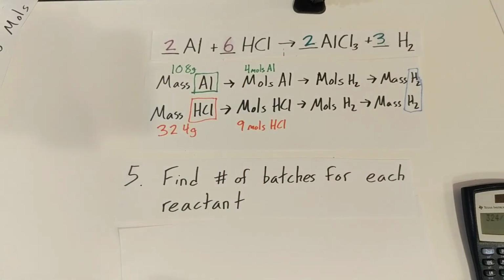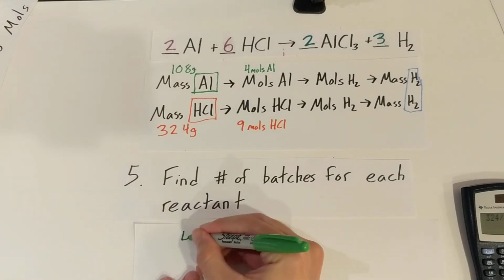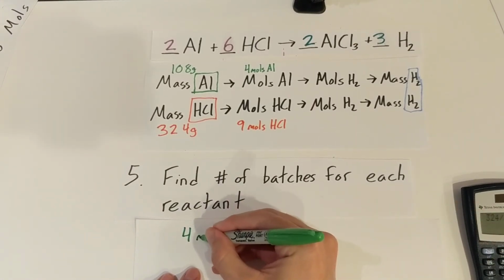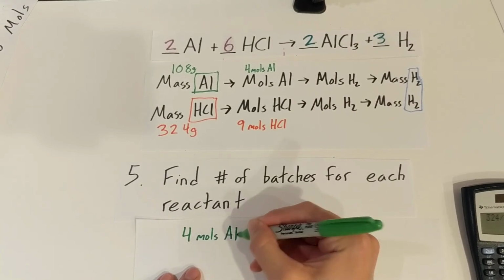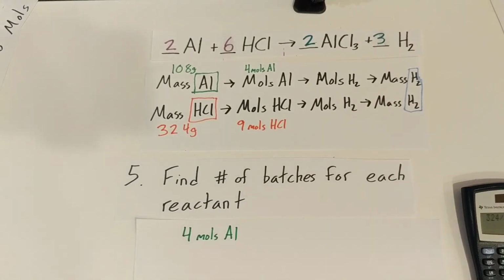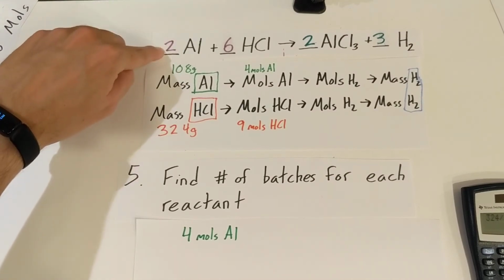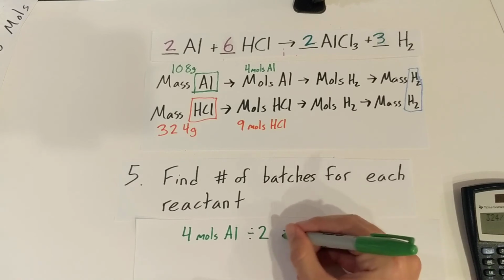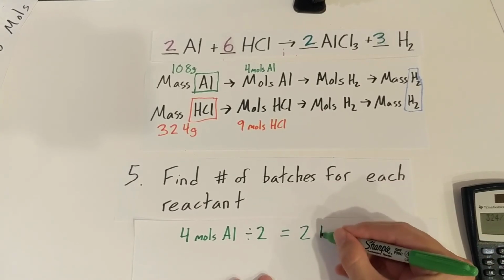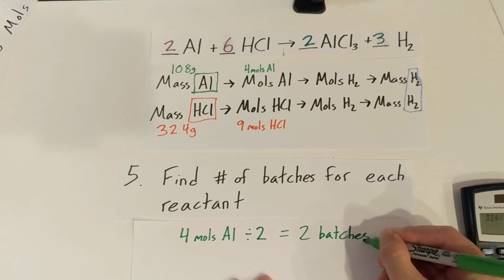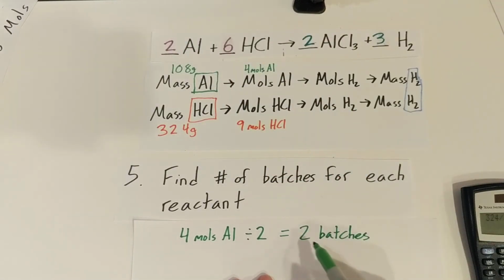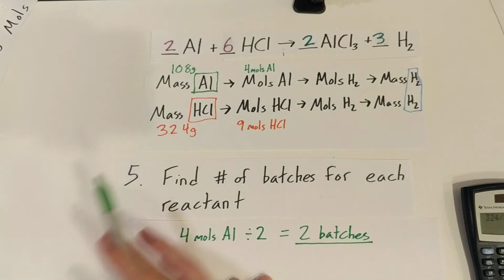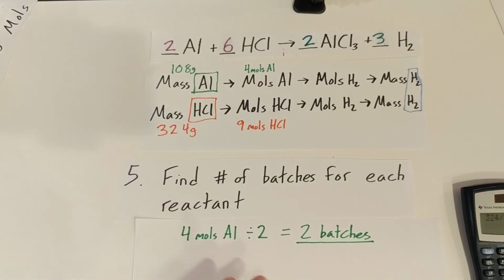So if I'm aluminum here, and I have 4 moles of aluminum, and I want to know how many batches I'm making, I divide by my coefficient right here. So 4 divided by 2 is going to equal 2 batches. With that aluminum, I can make 2 batches of this chemical equation right here.